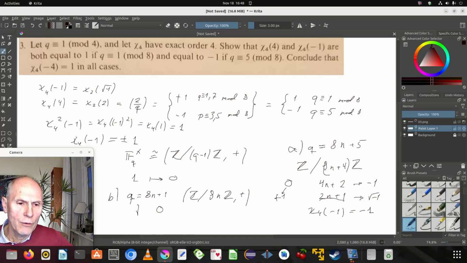So taking square roots, 0 comes from 4n, so that's 1, and minus 1 comes from plus minus 2n, that's square root of minus 1, comes from, then we have 4 fourth roots, plus minus n and plus minus 3n. So we have a fourth root.